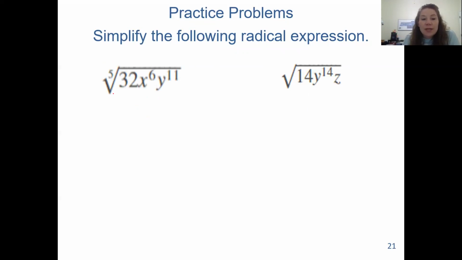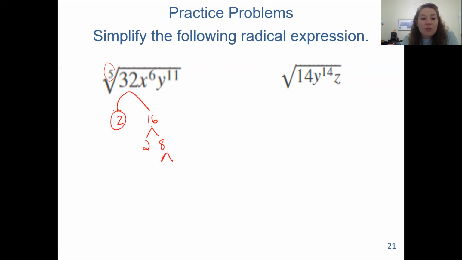All right, now this one, let's go ahead and list those factors of 32 because this is a 5. We don't know our 5th roots, who knows? All right, so what can I divide 32 by? I know I can divide 32 by 2 and I get 16. 16 is 2 times 8.